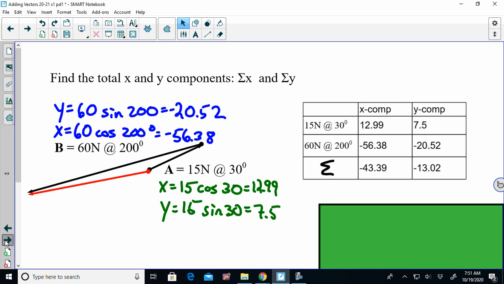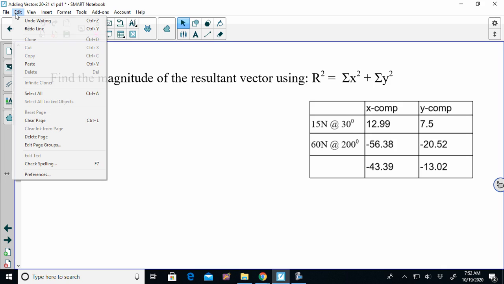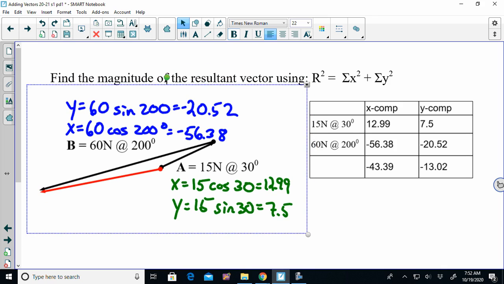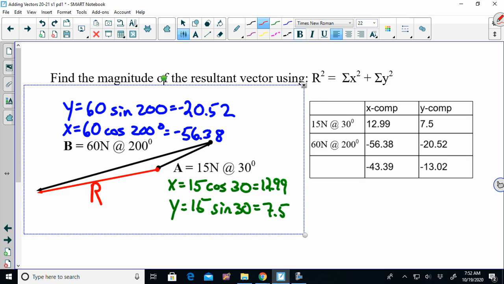Next step says find the resultant magnitude using r squared. So I'm going to say r squared equals total x squared plus total y squared.